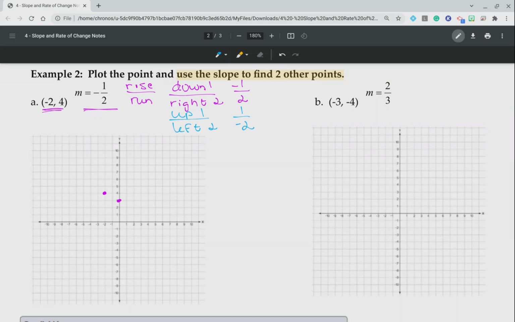Okay, positive means up, negative means down, or negative means left, positive means right. So from my initial point, I'm going to go up 1, left 2. Now I have 3 points, and all I have to do is connect them to make my line. And remember, we want to extend our lines all the way through the graph.